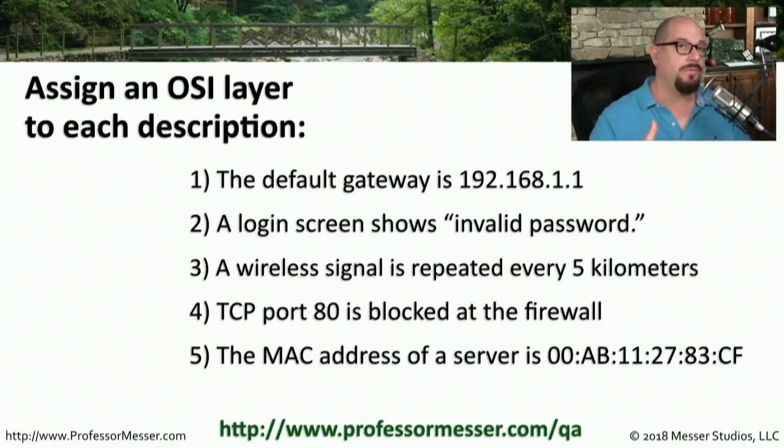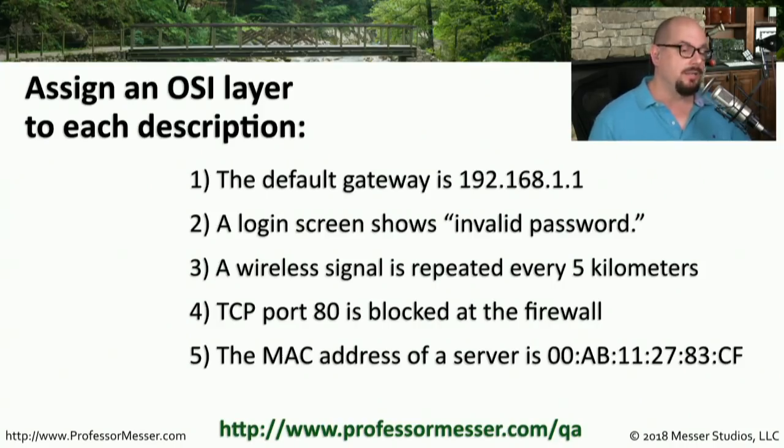I've got 1 through 5. If you think the OSI layer is 1 for all 5 of these, you would put 1 is 1, 2 is 1, 3 is 1, 4 is 1, and 5 is 1. They are not all OSI layer 1. There's a little hint for you. You probably figured that out already. But let's step through each of these, and then you can decide which OSI layer is associated with each.